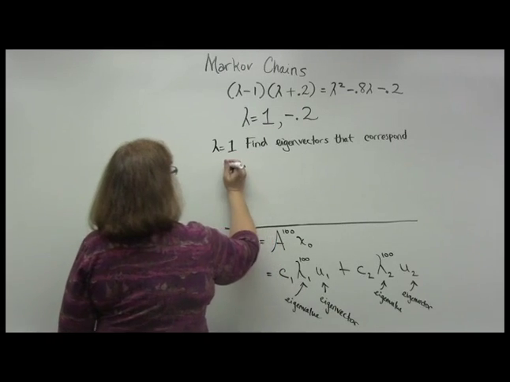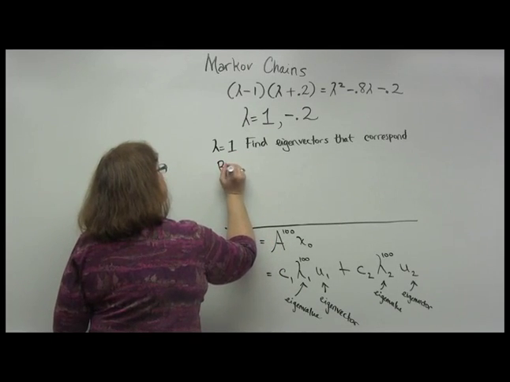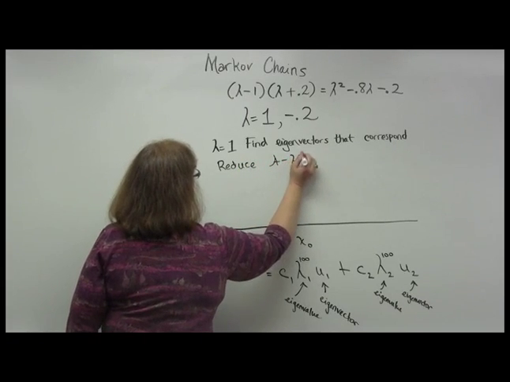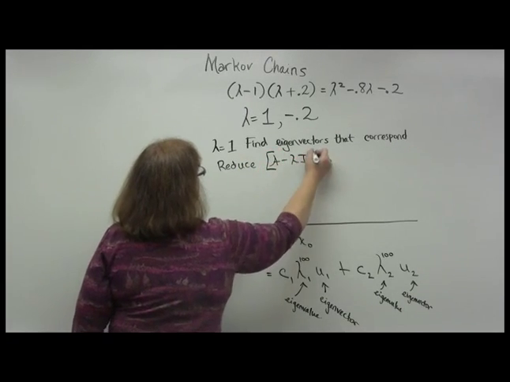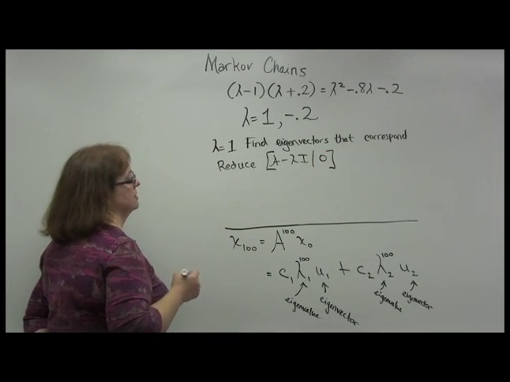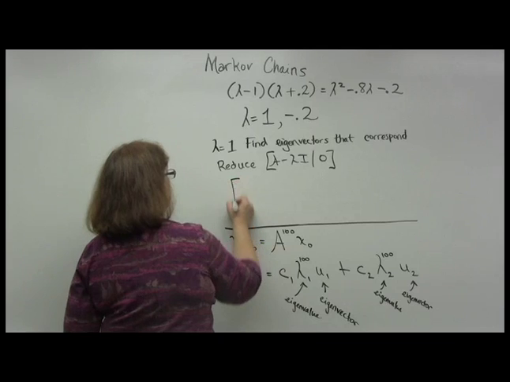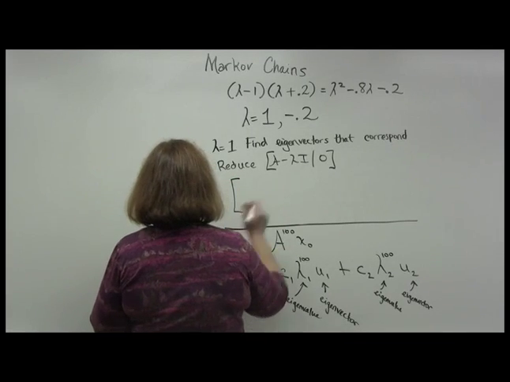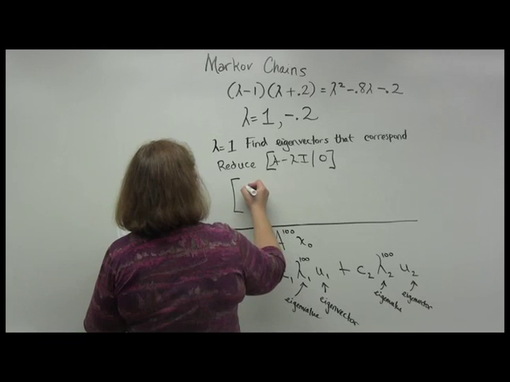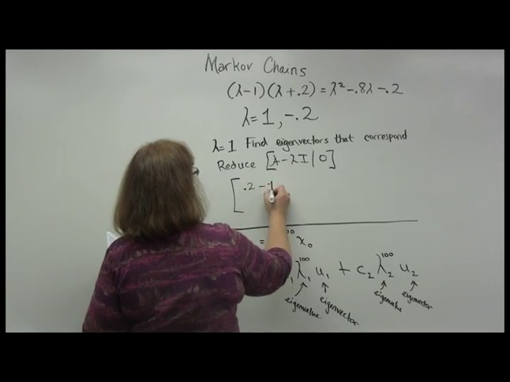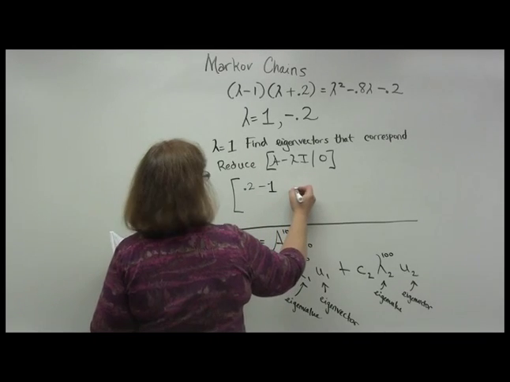Now if you remember, the way that I do that is I want to reduce A minus lambda I on the left and 0 on the right. So in this case, that's going to be my 0.2 minus lambda is actually going to be minus 1, and then 0.4.